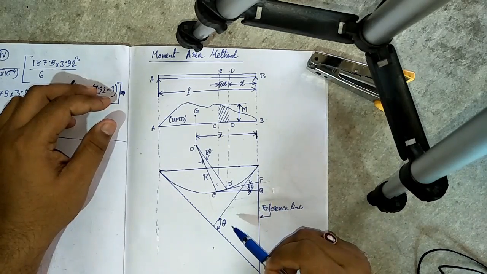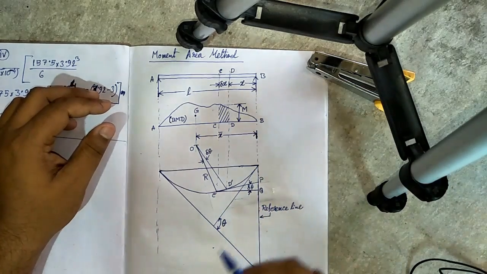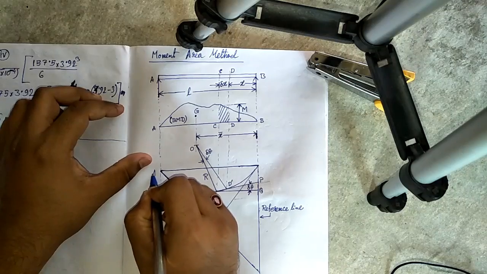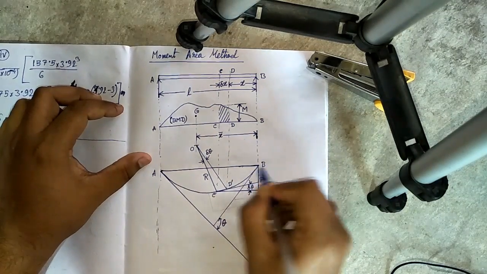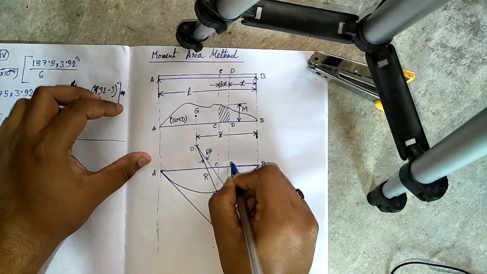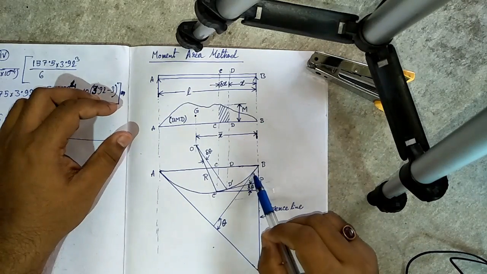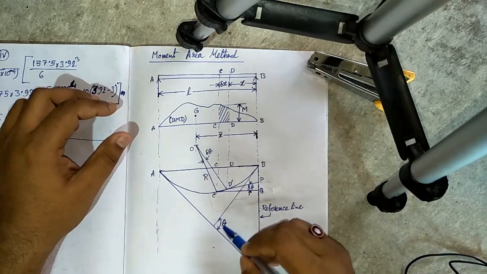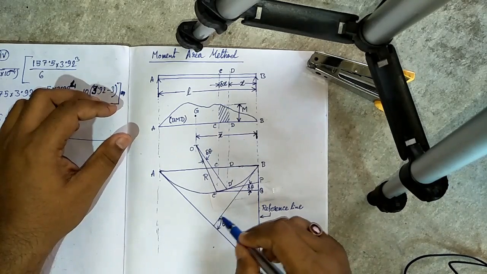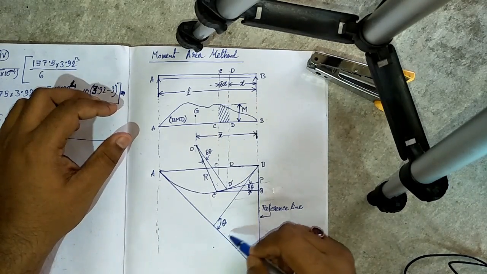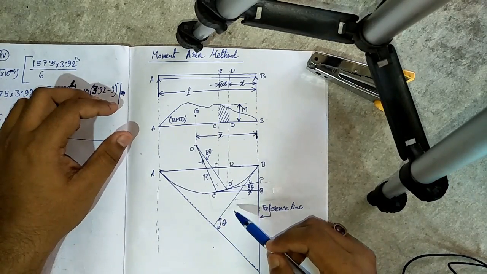Now we are going to take two tangents from the points A and B. This is the point C and this one is the point D. Taking two tangents from A and B, which cut at this point, this angle is theta.